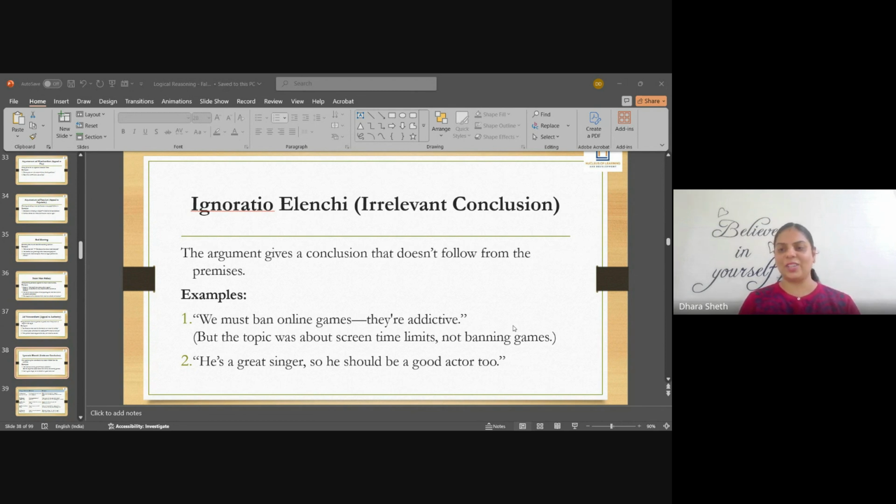So in every episode, they used to make him sing out of tune, just to spend 5-10 more minutes on television. Because he's the good dancer who won the first prize, does not necessarily mean he's a good singer. But here when you say he's a great dancer, so he's also a great singer, that is irrelevant conclusion.